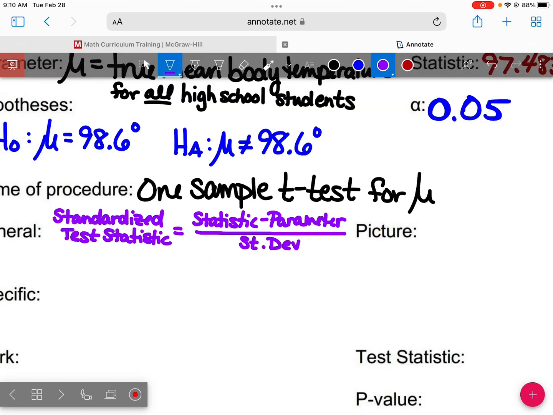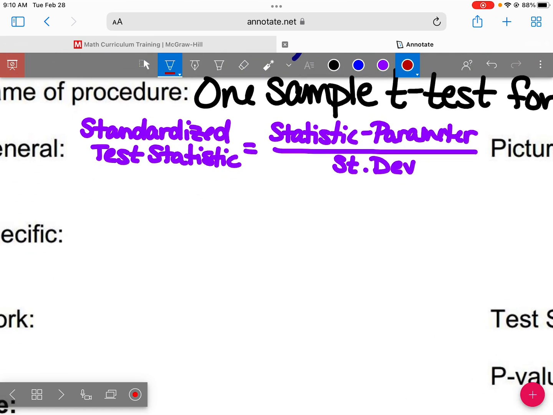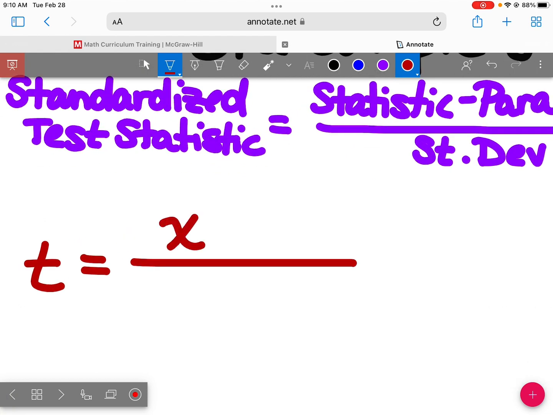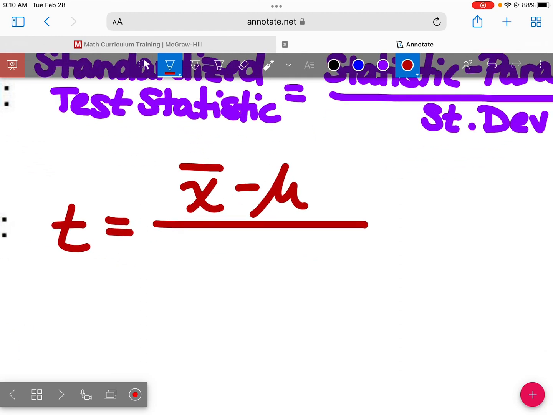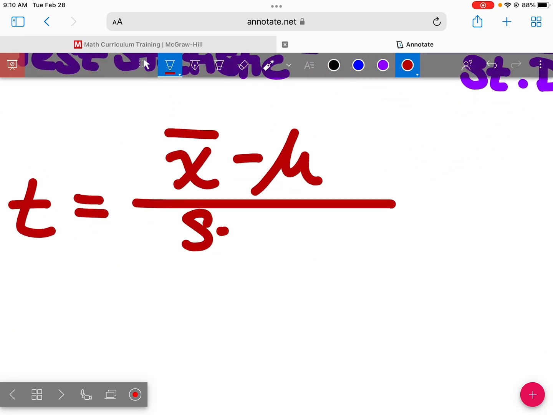We have had to approximate the standard deviation because we don't have the population standard deviation. What is the specific formula that we will be using? Yes, t equals x bar minus mu over Sx divided by the square root of n.